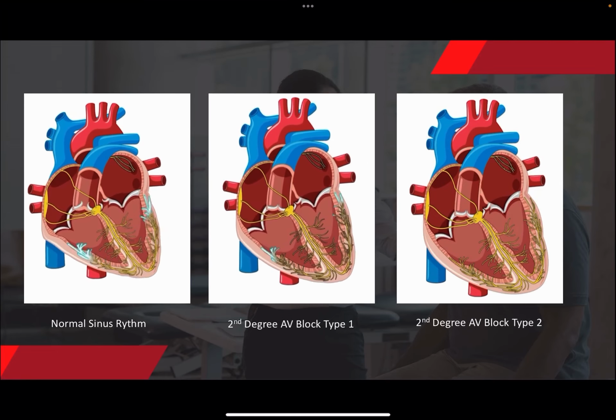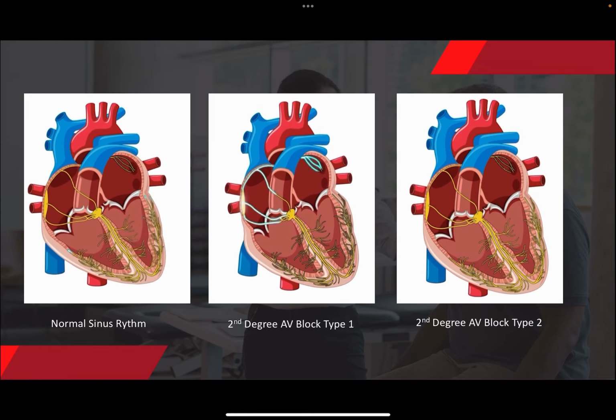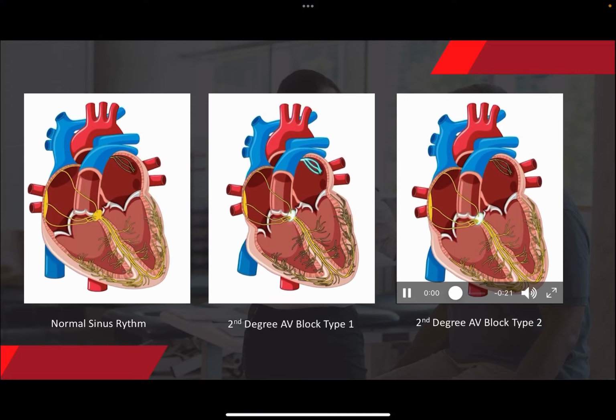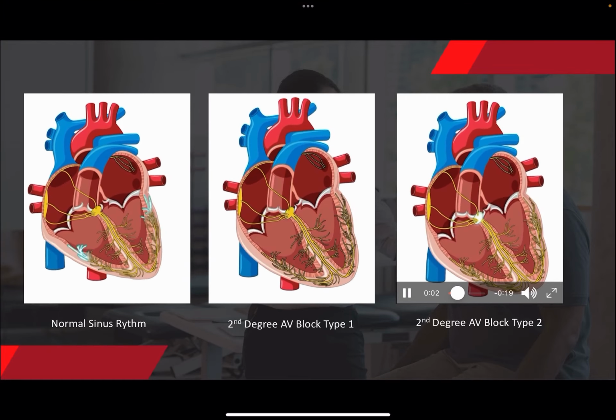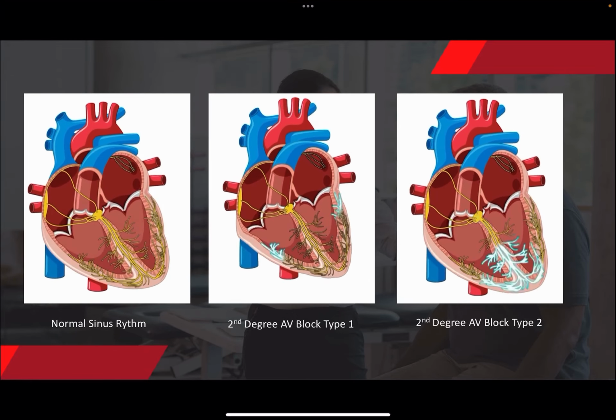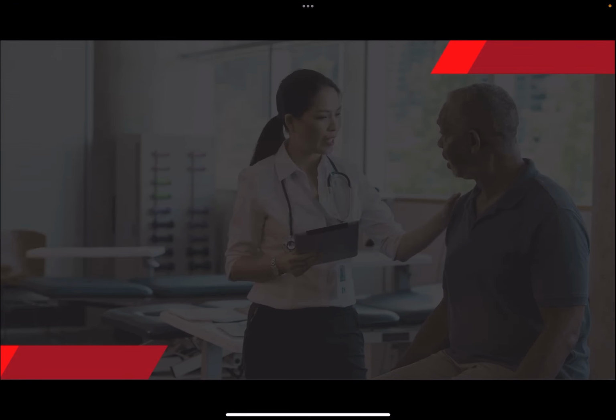So you would have a skipped QRS. In second degree AV block, the transmission is normal, but at one point, suddenly, there would be no QRS complex. Okay.